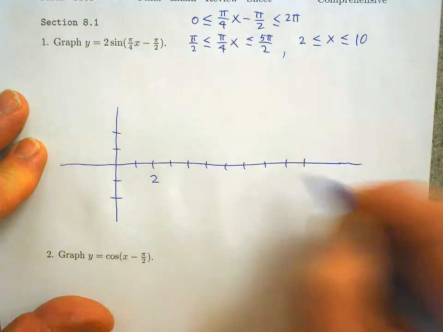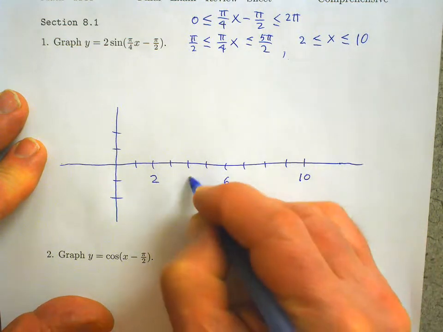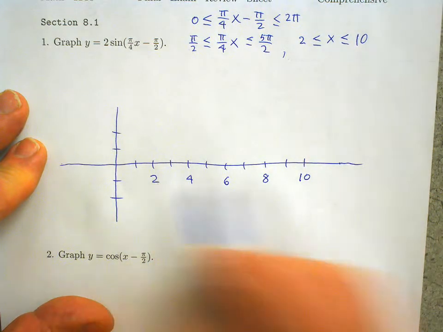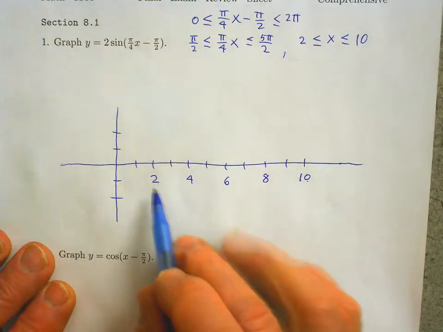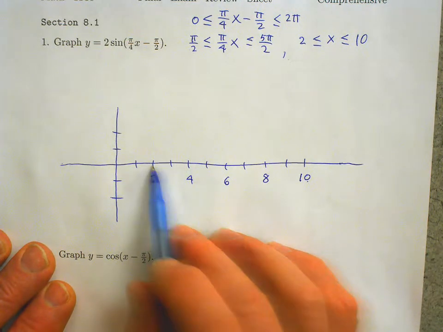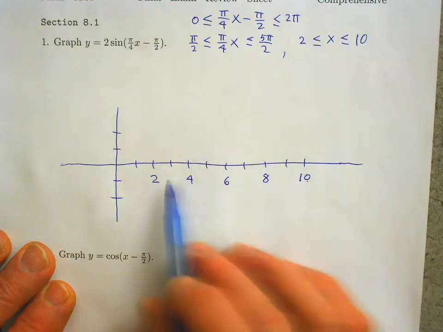Okay, so on the interval from 2 to 10, my key points are determined by subdividing that period from 2 to 10 into 4 intervals.